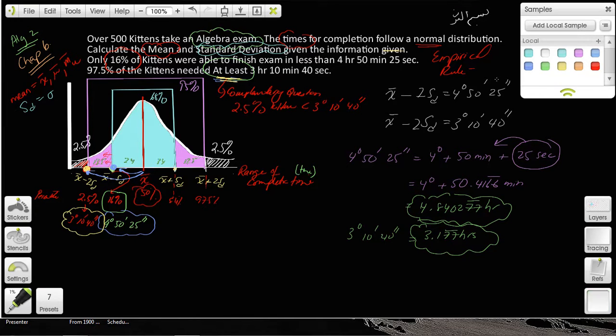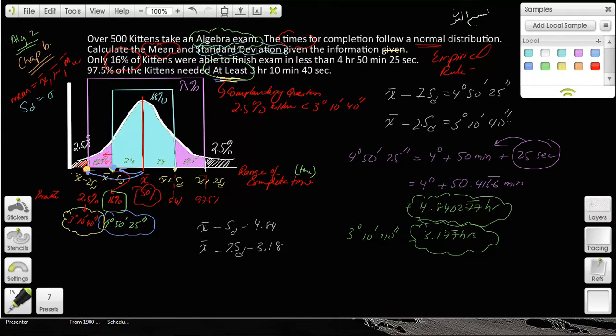So you can rewrite these equations as mean minus 1 standard deviation equals 4.84, I'll just round it off to that, and mean minus 2 standard deviation equals 3.18. Maybe I should carry more decimals, but I'm going to leave it at that.